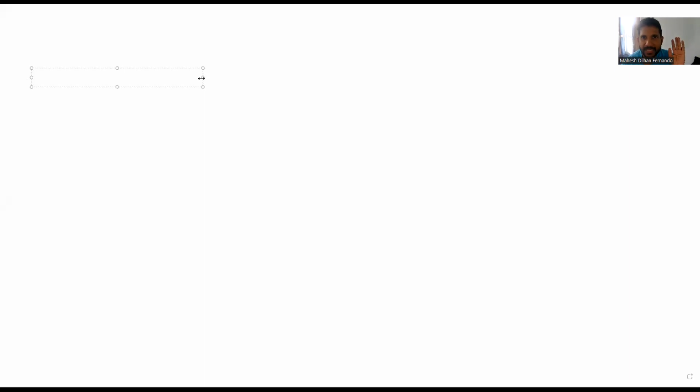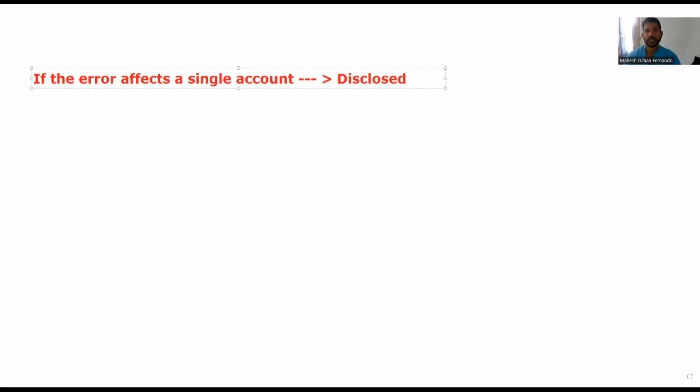If the error affects a single account only, that error is disclosed by the trial balance.